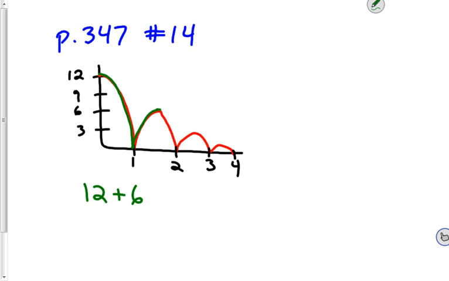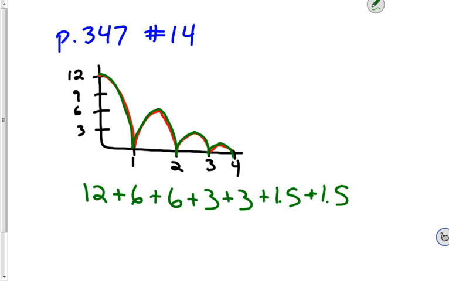Then the ball travels another 6 feet back down to the ground, so plus 6 again. Then it travels up 3 feet, so plus 3. Then back down to the ground 3 feet. Then it travels up 1.5 feet. And then it travels back down to the ground another 1.5 feet.